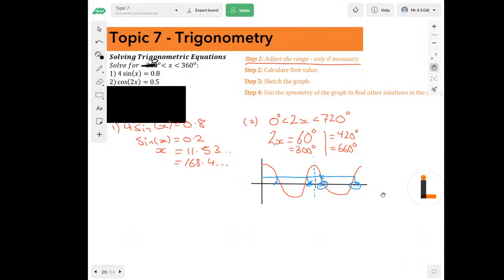Again, this is where we had an extra step. We added an extra step initially by doing it between 0 and 720. But we worked out 2x and we want values for x.